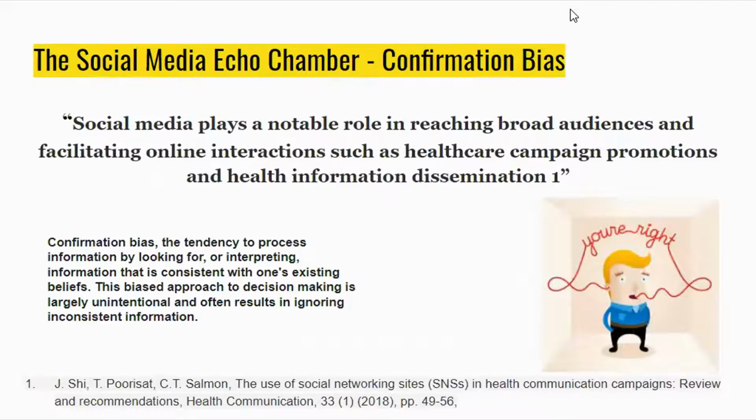So when we think about the confirmation bias, this is particularly an issue within the social media echo chamber. Now, the problem with social media is that although you can access a wealth of information, although you can communicate with people in a wide range of environments all over the globe, it does have its problems.